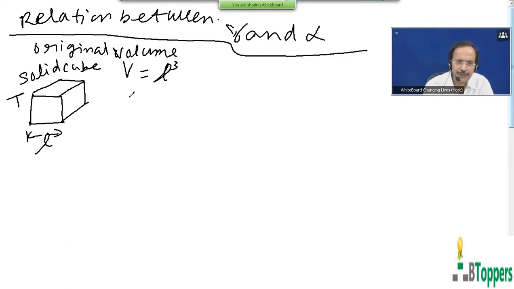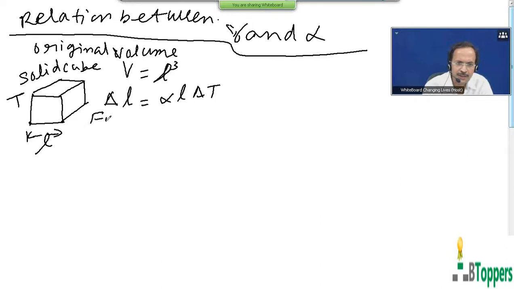So when the solid is heated uniformly, the length will be increasing. The increase in the length you can write as alpha into original length into increase in temperature.